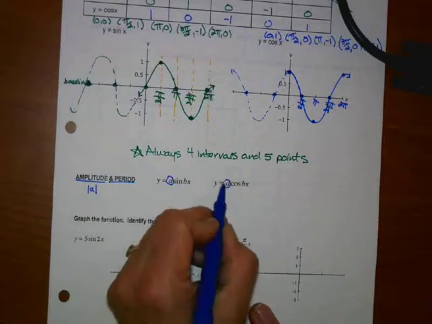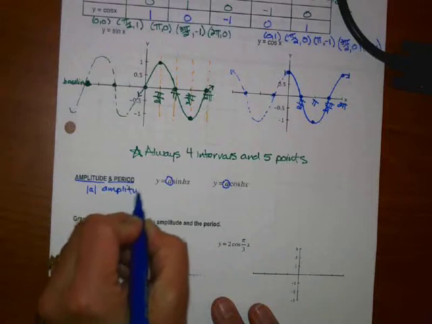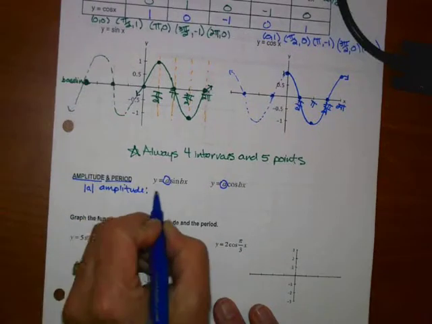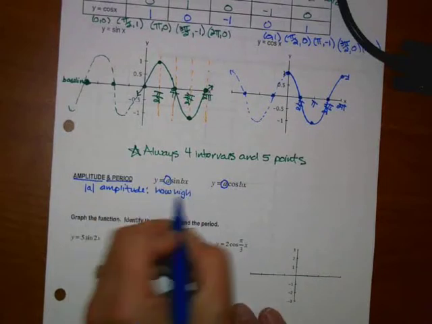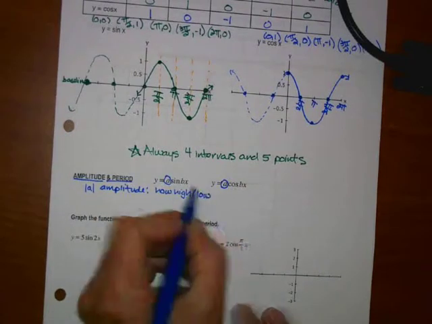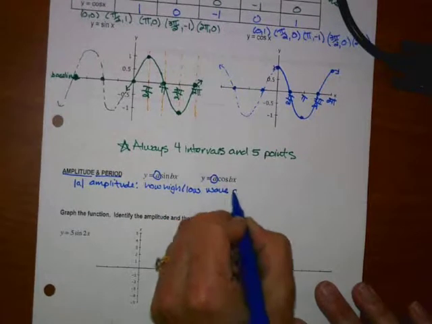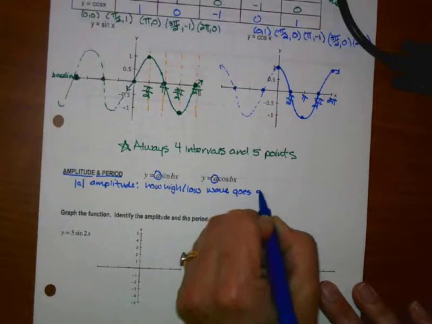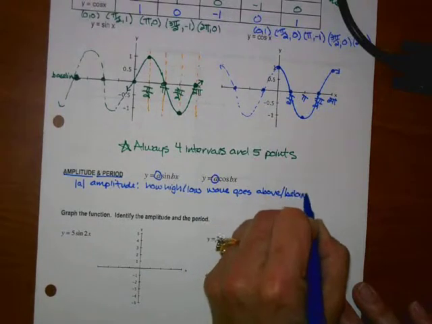Amplitude is how high or low the wave goes above or below the baseline.